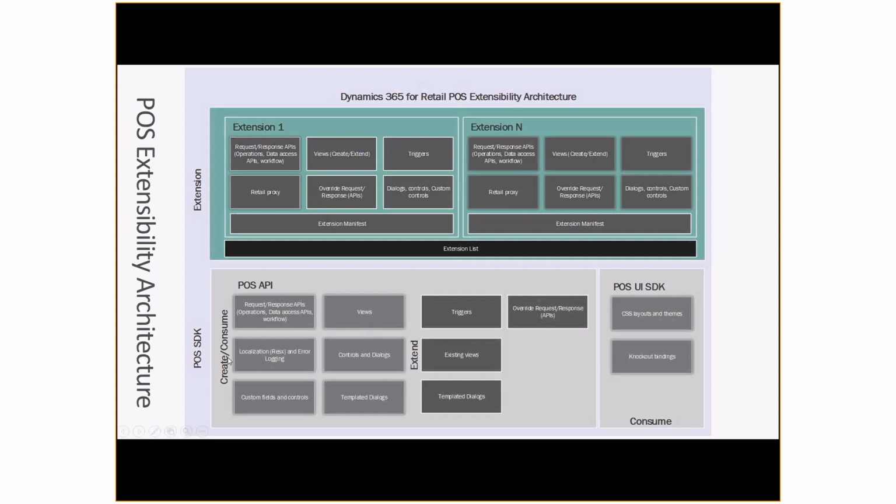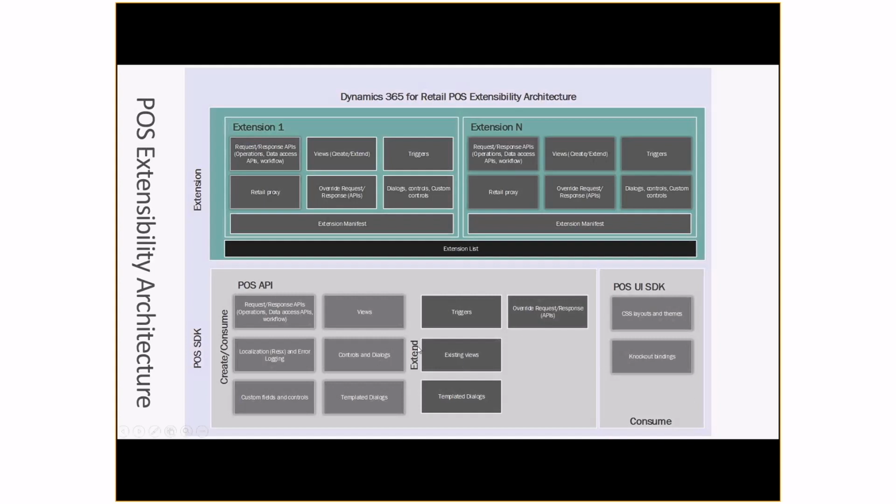And then consume means you are doing a new customization and within that customization or extensibility, you want to consume our features. For example, you're doing a warranty extensibility and within that you want to use our APIs to get the product information or the warranty details or something like that. So if you consume any of our features, we call that consume.